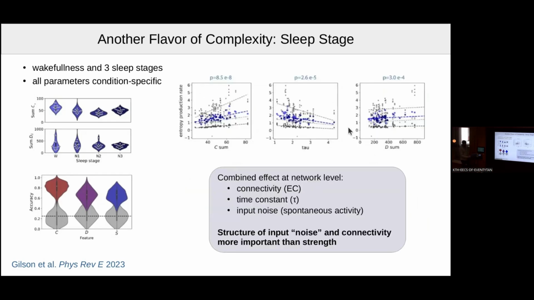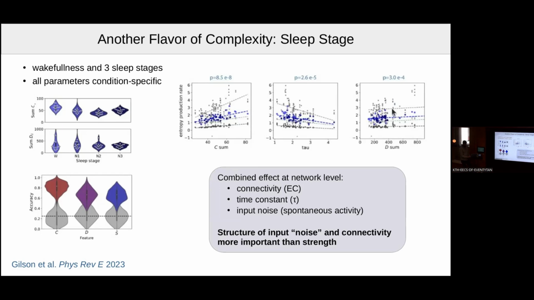When you look now at the parameters that we estimated from the network, we saw that the connectivity, the time constant of the system, and the input covariance were contributing to this entropy production, but the relationships were not so clear.